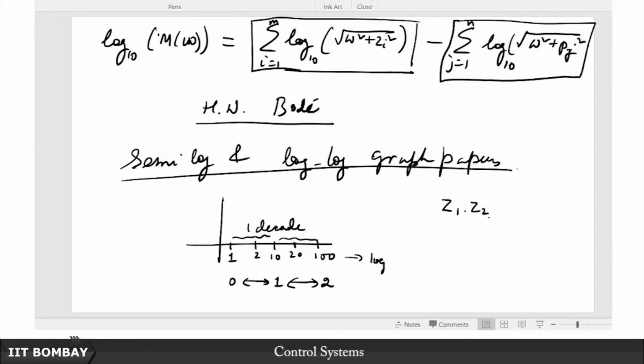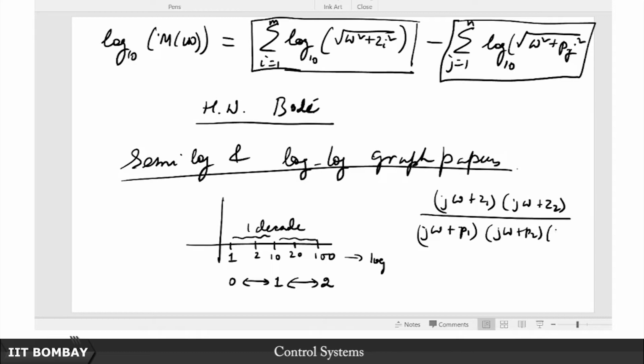So for example, let me take the actual function itself. You have jω plus z1, this is a complex number, you have jω plus z2, and then you have jω plus p1 times jω plus p2 times jω plus p3.